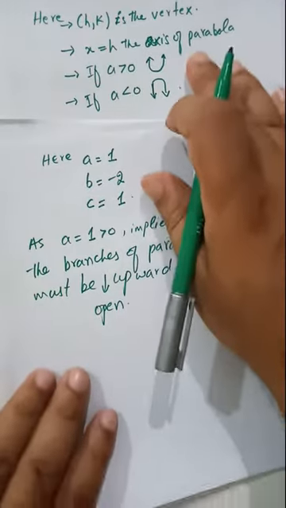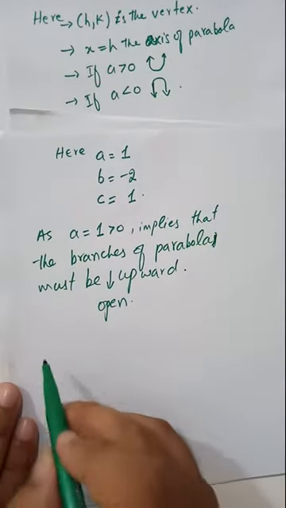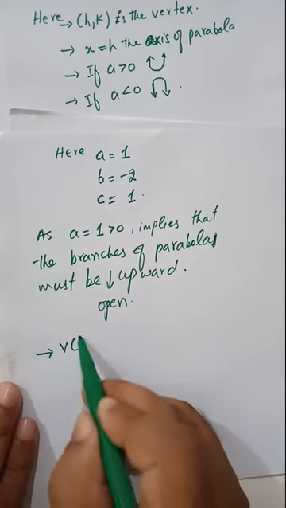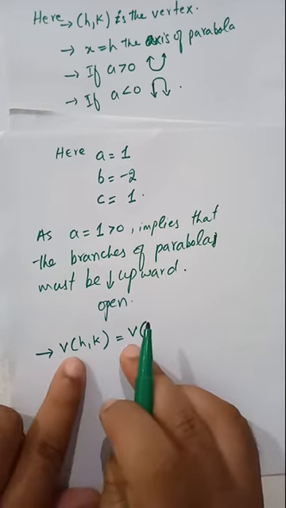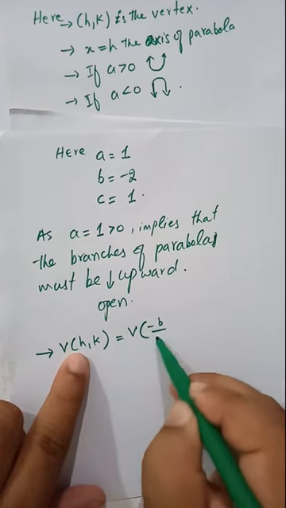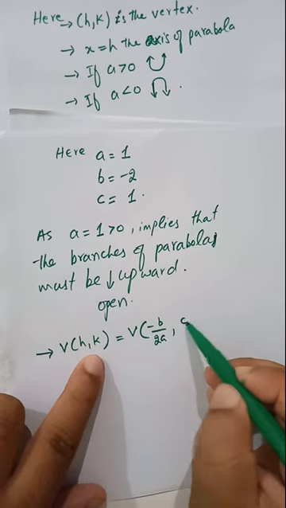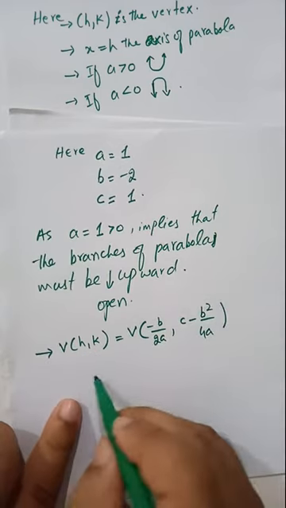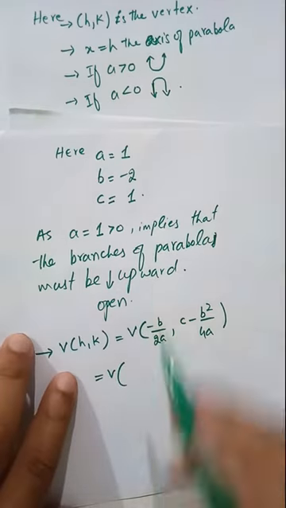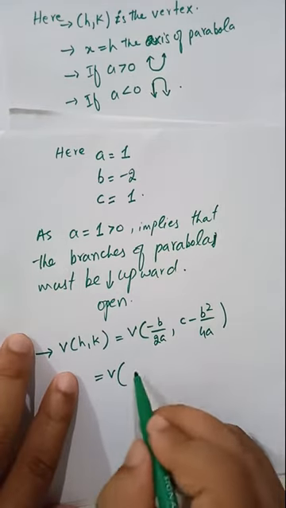Now I am calculating the vertex. What will be the vertex? The vertex is h, k, where h is minus b divided by 2a, and k is c minus b square divided by 4a. Here the value of b is minus 2, so minus and minus 2 will be 2.